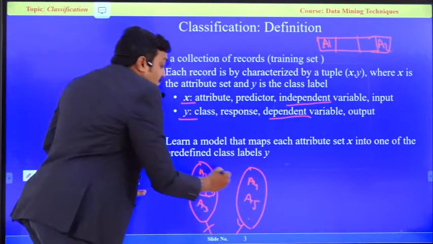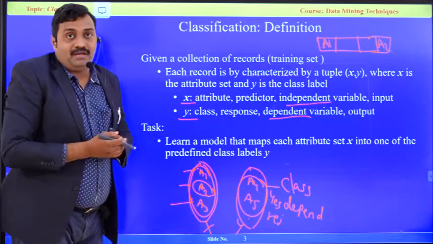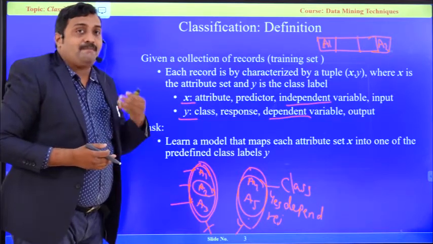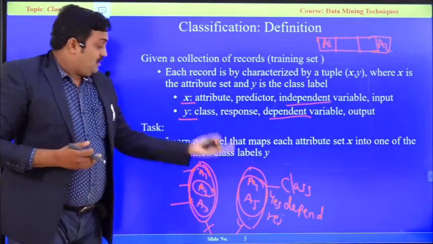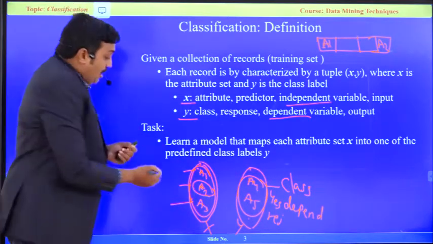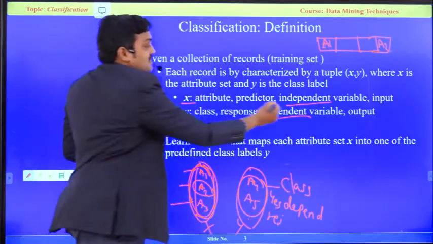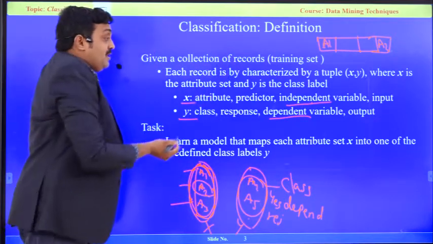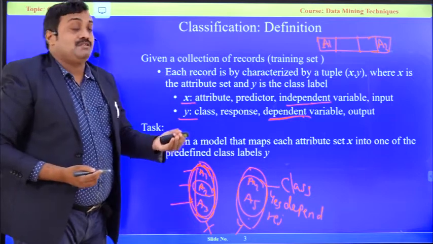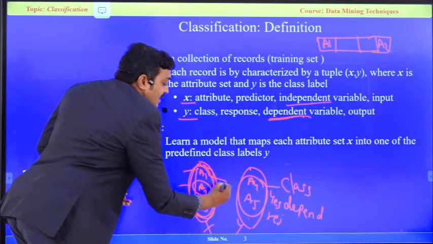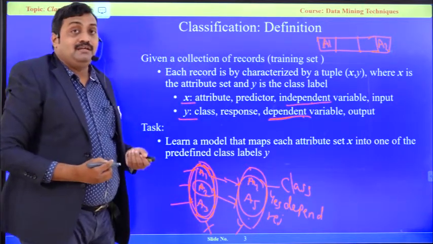For example, with less than 10,000, obviously the bank won't give me the loan, or if I am not a good customer based on my previous transactions, then they may reject the loan. That means all these variables in the X set vary from person to person. So X are independent variables, and Y is the dependent variable and it contains the class labels. Based on the X values, whether the loan is sanctioned or rejected, that is Y.